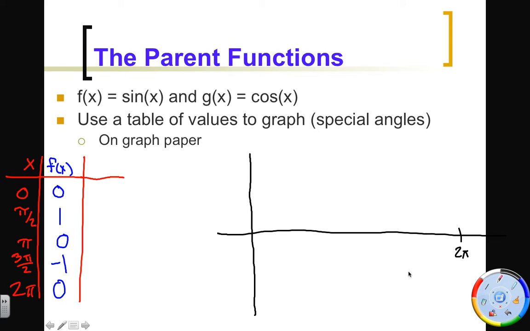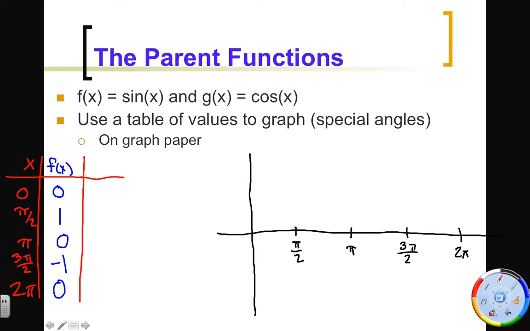Notice what I'm doing here: I'm starting at the beginning, going to the end, then cutting it in half to get pi, and cutting it in half again to get pi halves, and again to get 3 pi halves. Please pay attention to that, because it's going to come back for us when we get to graphing. It's all about going from beginning to end, cut in half, and then halves again, or the quarters.